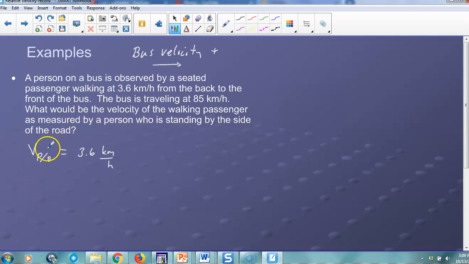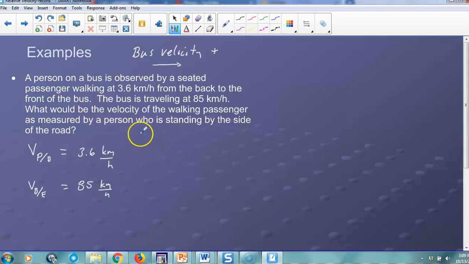We also have the bus traveling at 85 kilometers per hour. That's the velocity of the bus, and a moving automobile is usually referenced to the earth. So we'll say bus to earth, and that's 85 kilometers per hour.